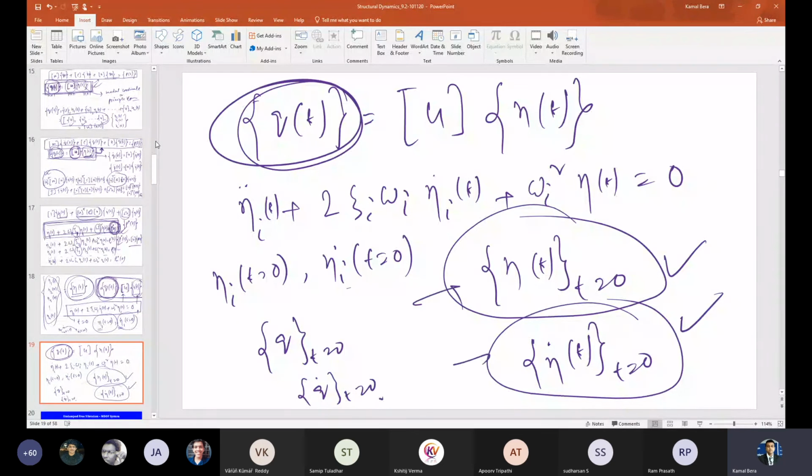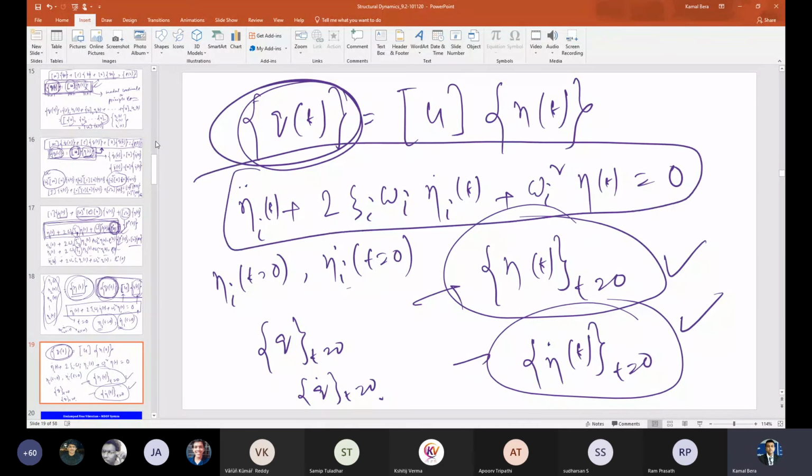So I have to get this to solve this equation, and then I can put the solution eta(t) here to get that. Think about that, we'll discuss it in the next class. So can you tell me how to do it? Any idea? Obviously you get it from this relation that you understood. So how will I get it?